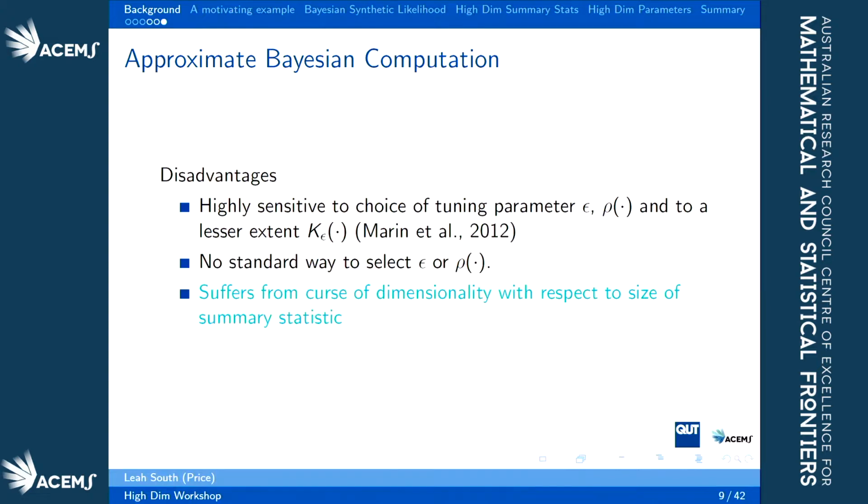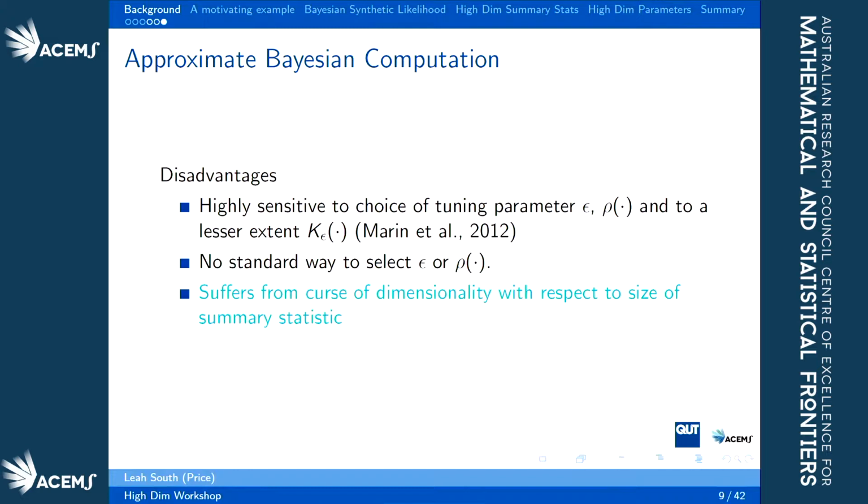Now, this has been useful in a lot of applications, but it has several disadvantages. It's highly sensitive to the choice of the tuning parameter epsilon, to the discrepancy function, and to a lesser extent, the kernel weighting function. And there's no standard way to select epsilon or to select the discrepancy function. So people who've used ABC before would be familiar with that difficult task of trying to choose a good value of epsilon.